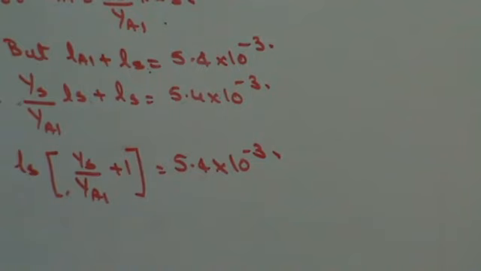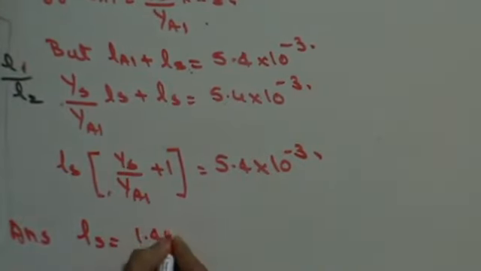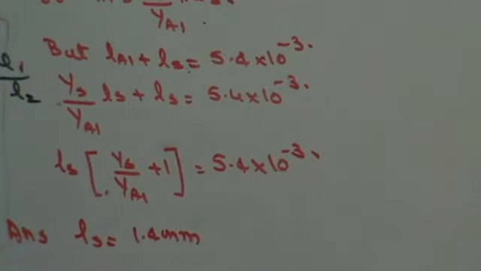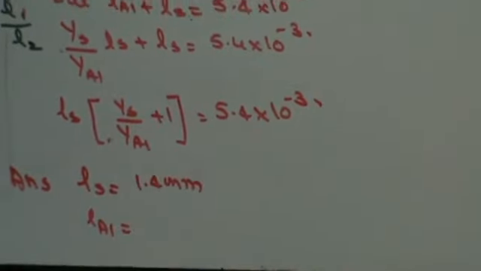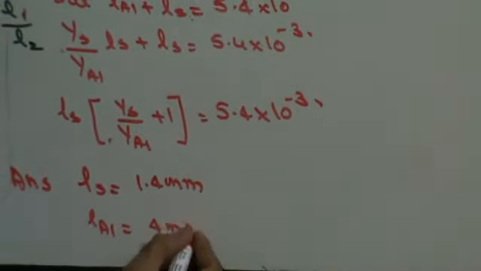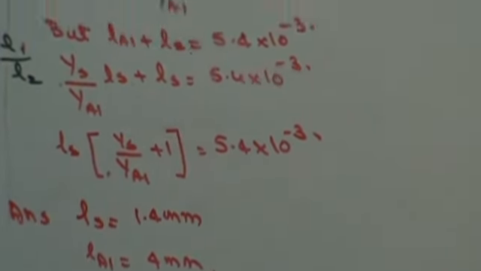You know YS, you know YAL, you can substitute and get the answer. Here you should get the increase in the length of steel wire equal to 1.4 millimeter, and increase in the length of aluminium wire should be 4 millimeters. And that is the answer that you should get for this question. Right? Let's move on to the next one, guys.